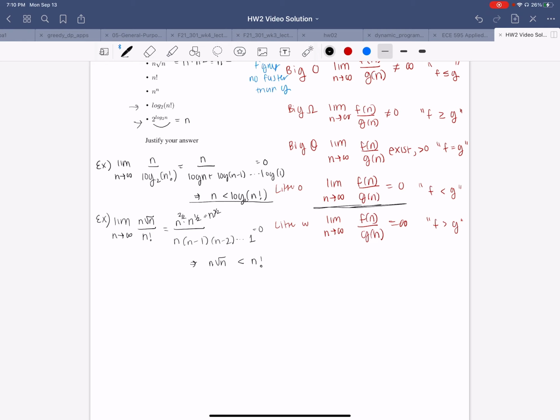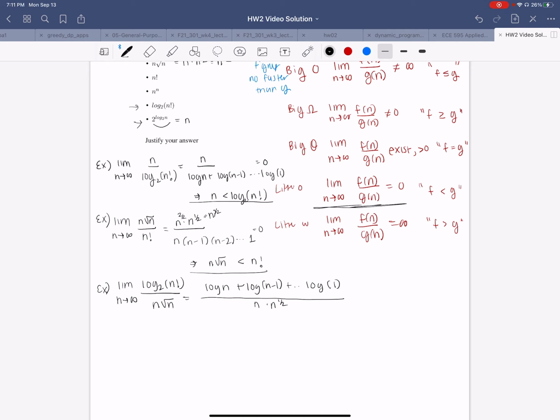So these are some statements that we've made. And then we can take another comparison also, just to be concrete. The limit as n goes to infinity of log base 2 of n factorial over n root n. So again, we're going to expand the top here: log n plus log n minus 1 all the way down to log 1, and again over n times n to the 1/2.